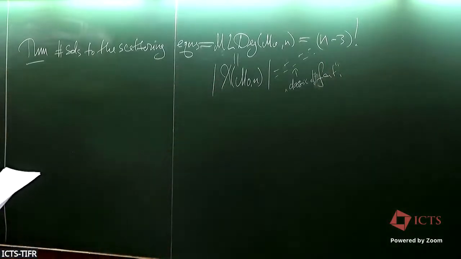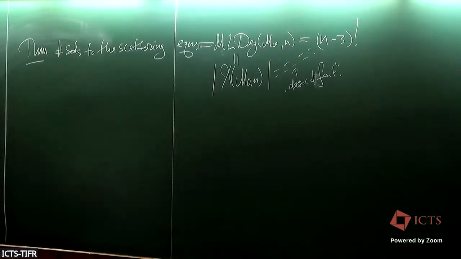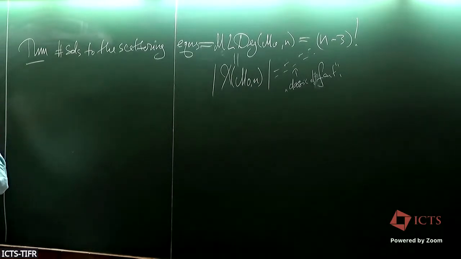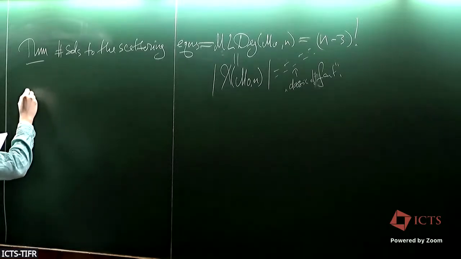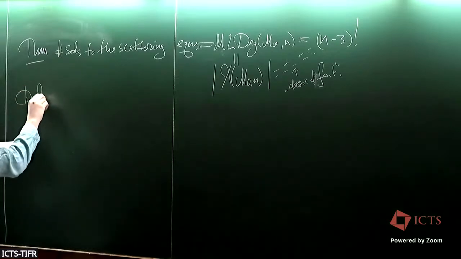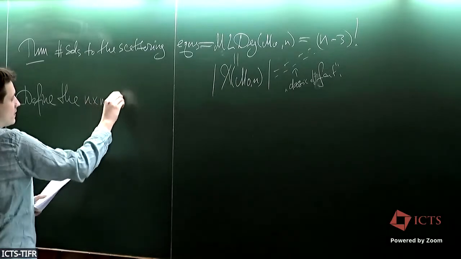Okay. And once we know the number of solutions, we can do something with those solutions, because I promised you that in the end we are going to get the amplitude. And we will really get the amplitude already in a few moments. So first of all, we will define a matrix to work with. We'll define an n by n matrix.